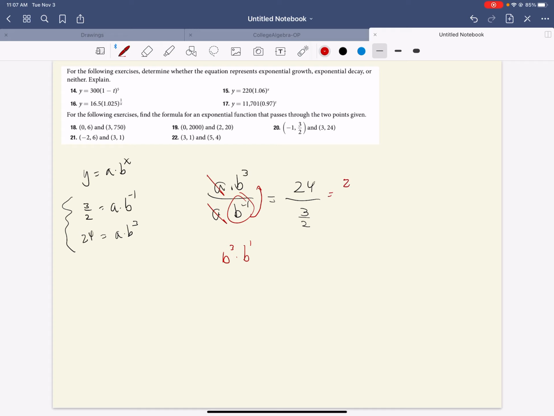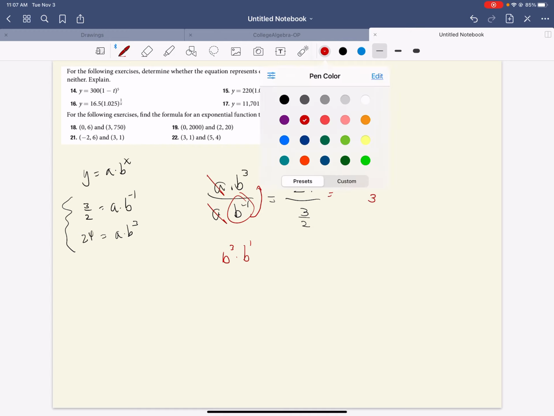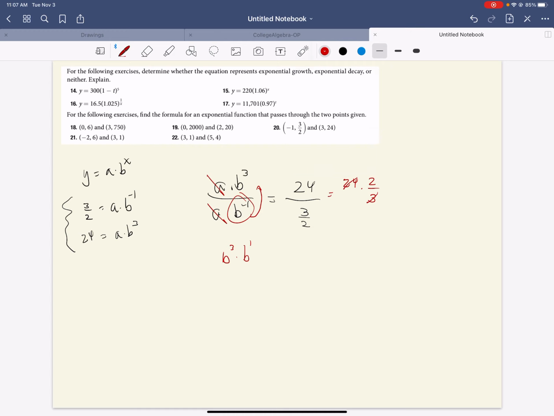This side is really 24 times 2/3. And if I kill the 3 with the 24, I get 8. And 8 times 2 is 16. So this side is 16. So it turns out b to the 4th is 16. If I take the 4th root of both sides, then b is 2.